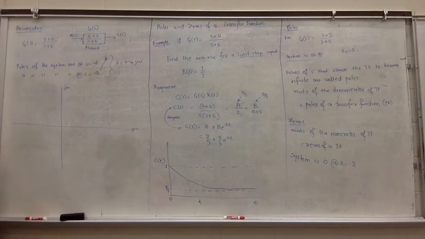Real and distinct, real and repeated. For example, (s plus 2) the whole square is real and repeated. So the roots are minus 2, and there are two of them. For (s plus 2)(s plus 3), the roots are minus 2 and minus 3. And you can have something complex.